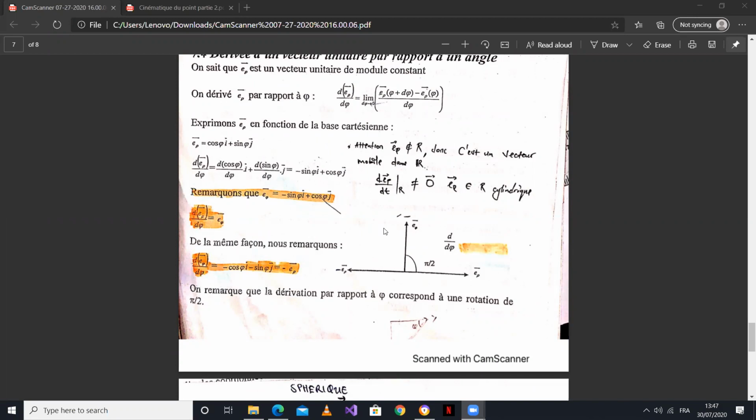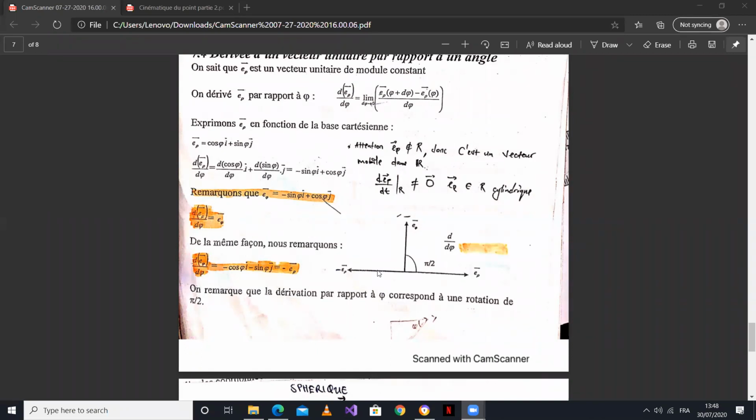Likewise, when you derive e_phi with respect to phi, you will rotate 90 degrees. And when you rotate 90 degrees, you'll be going in the opposite direction. It's like you have rotated 90 here and 90 there, so you have rotated 180 degrees. So you have gone in the opposite direction of e_rho, which means it's minus e_rho.